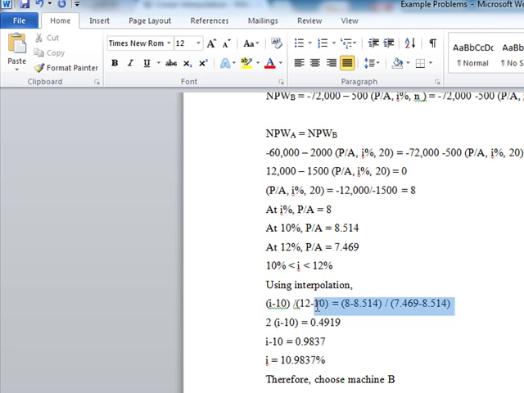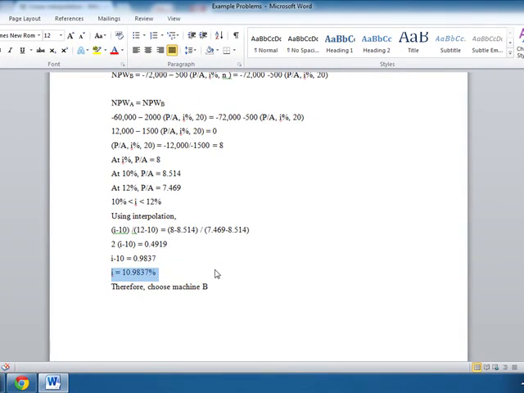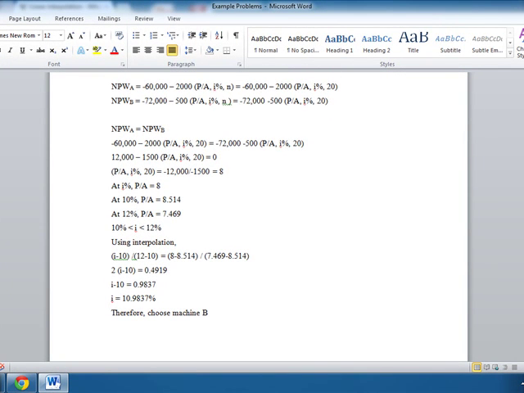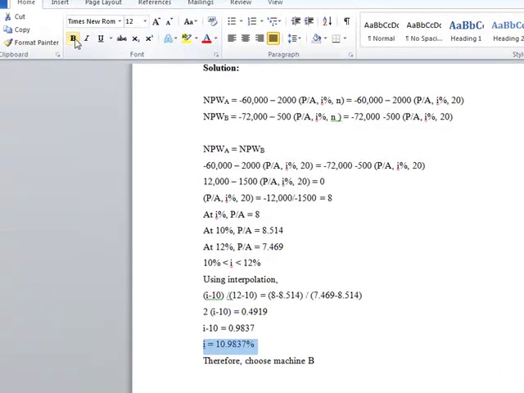We need to solve this equation for I. You will see the solution steps, and in the end, after doing all the calculations, I get I equal to 10.9837. So that is the internal rate of return. This is our answer basically. I is equal to 10.9837.